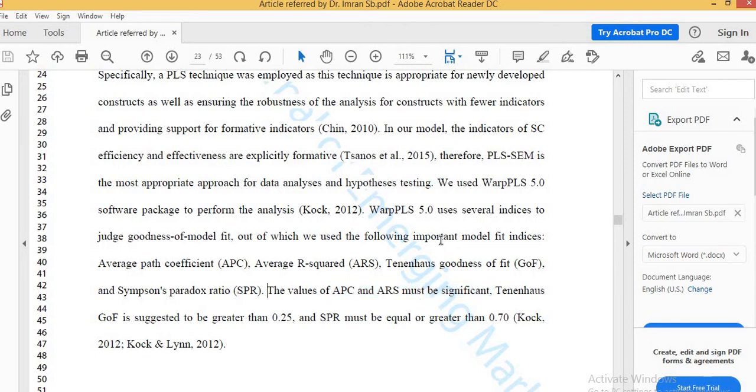Actually here the author wishes to write that the p-values of the APC and ARS must be significant, and GOF is suggested to be greater than 0.25. SPR must be equal to or greater than 0.7. So this is the model fitness which they have shown and written in their paper.